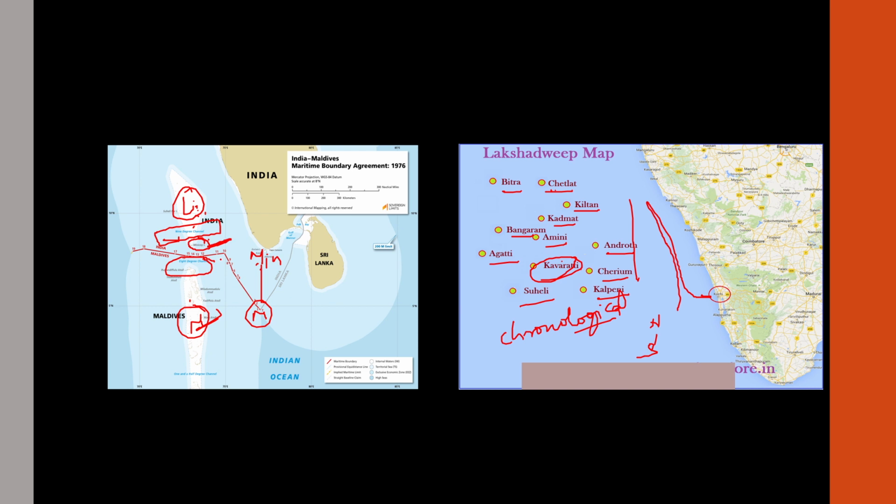Between Minicoy and Maldives, you have the 8-degree channel. Remember this point. Here Andaman and Nicobar is 10-degree, Lakshadweep and Minicoy 9-degree, then Minicoy or Lakshadweep to Maldives 8-degree. So 10, 9, 8 in descending order, remember it like that if you are confused. This is clear to all of you.